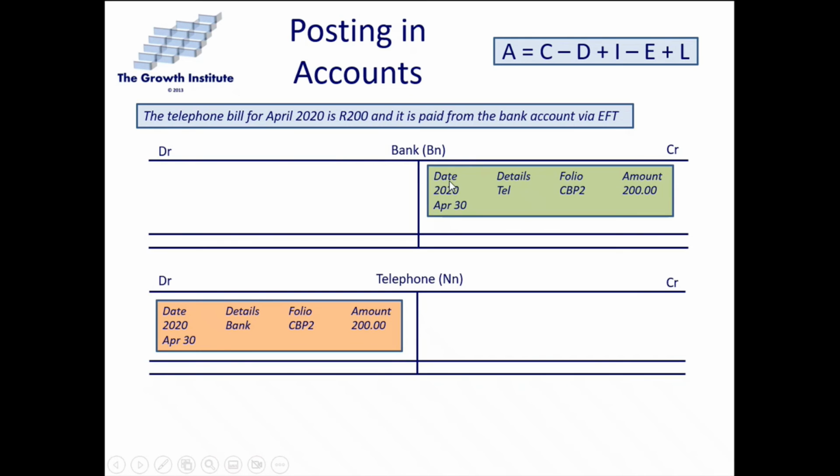And the way it looks, we put in the date 2020, April 30th. The detail says telephone, and this telephone here will be the contra account that we are going to use for the nominal section. Then we have a folio. The folio says, where did I get this information from?